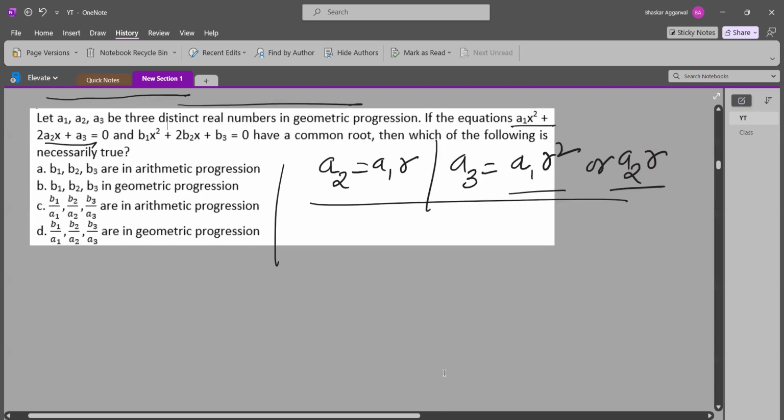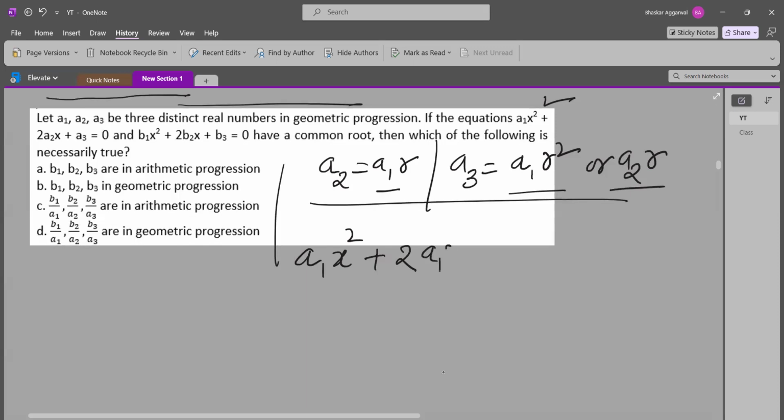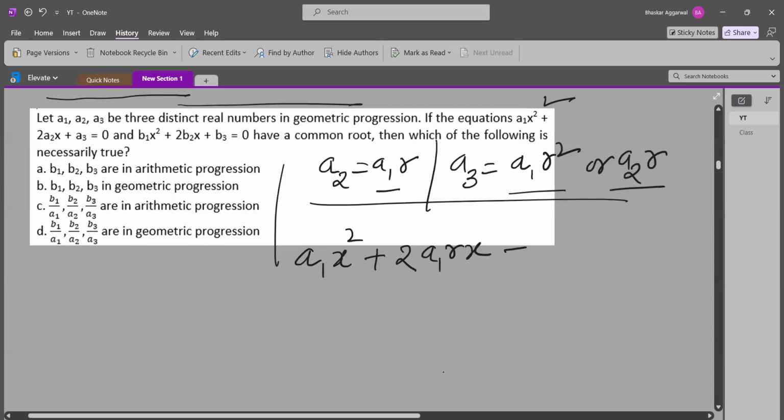Now we can use this information in the first quadratic equation because this equation has a1, a2 and a3 as the coefficients. So a1x² + 2a2x + a3; in place of a2, I can write a1r, so 2a1rx, and in place of a3, we can write a1r².